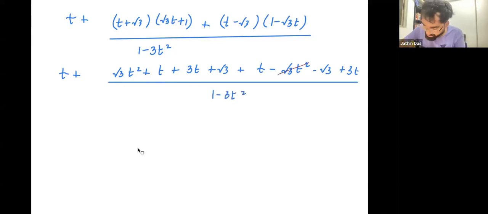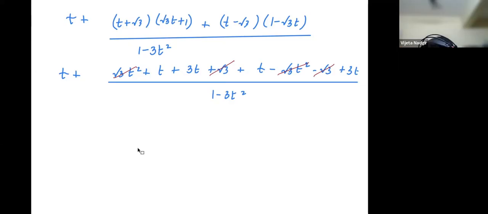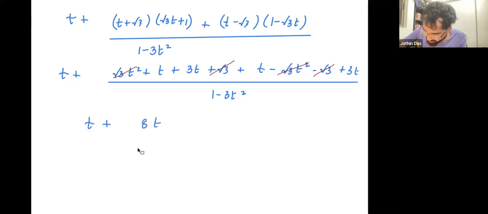Root 3 all will cancel. See, तो 8t आ रहा है क्या ऊपर? Just check. Yeah. 8t ना? Yeah. Okay.